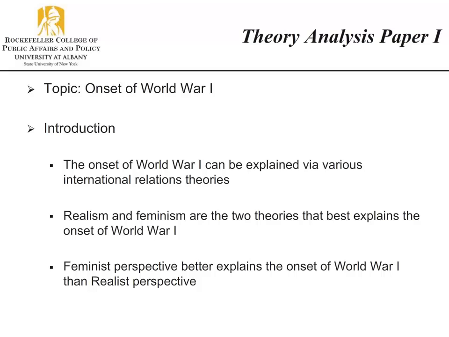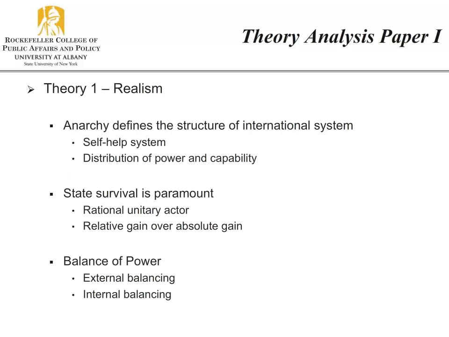Your introduction paragraph should be between 3 to 6 sentences, depending on your writing style. If you have more than 6 sentences for your introduction paragraph, you have gone too far, and you are off the proverbial reservation. Your first 2 body paragraphs, 1 paragraph for each theory, will be devoted to describing the 2 international relations theories that you will be applying to the phenomenon under examination.